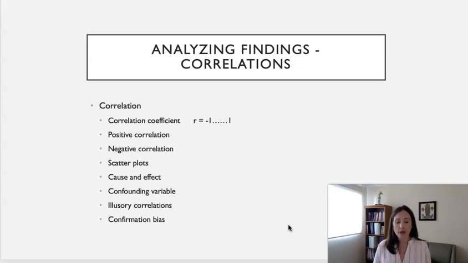The way you tell the strength is you look at the absolute value of the correlation coefficient. So a correlation coefficient of -1 is just as strong as a correlation coefficient of 1. A correlation coefficient of -0.5 is stronger than a correlation coefficient of 0.3, because the absolute value of -0.5 is 0.5. You just erase the negative.